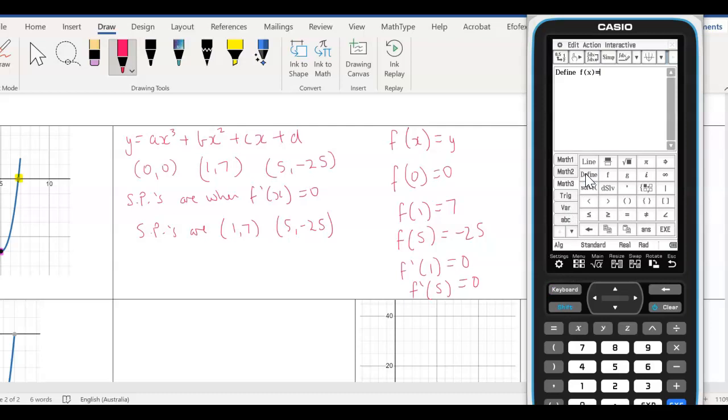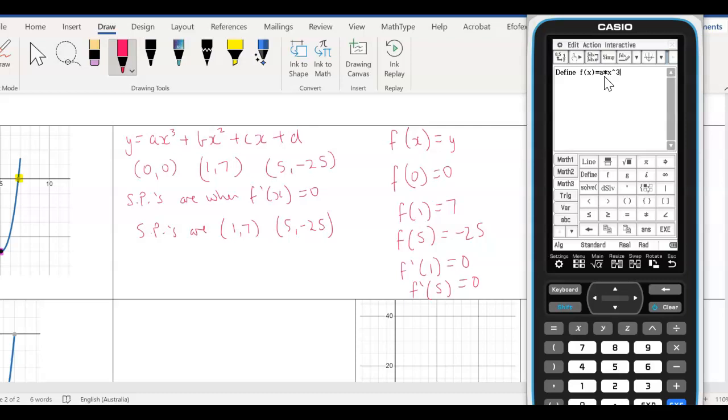If you've already had an f of x in there, it will override it. Now, when you're doing ax cubed, first of all, put a times in. If you're using 2 letters, in this case, a is our pronumeral, x is our variable.